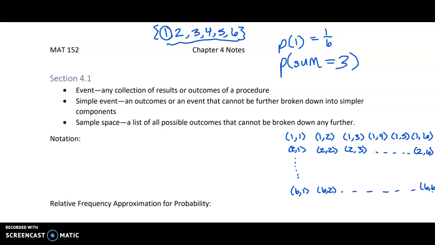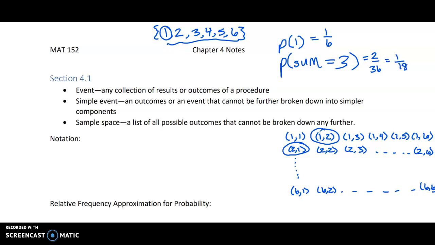So then to answer this question, what's the probability the sum is equal to 3? How many ways can you get a 3? Well, you'd either have to have a 2 on the first die and a 1 on the second, or a 1 on the first die and a 2 on the second die. So there's 2 ways that could happen out of the 36 different possibilities there, and that would reduce to 1 out of 18.